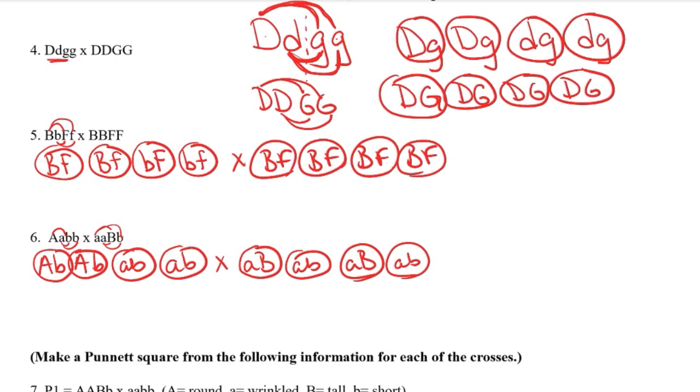Okay. So hopefully that makes sense, using the FOIL method to determine the gametes.